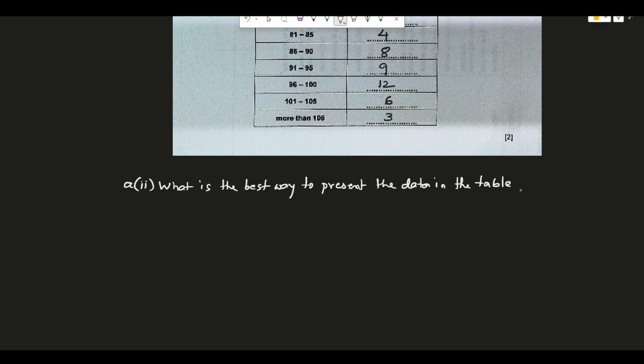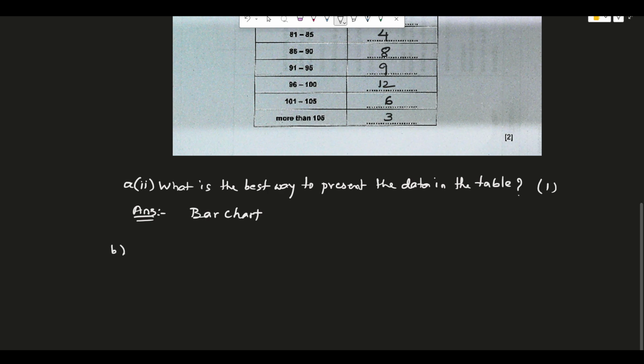So he's asking me what is the best way to present this data which is given in table form. This carries 1 mark. The answer for this is, now there can be many ways statistically that you can present this, but the best one is the bar chart. Bar chart is the answer.